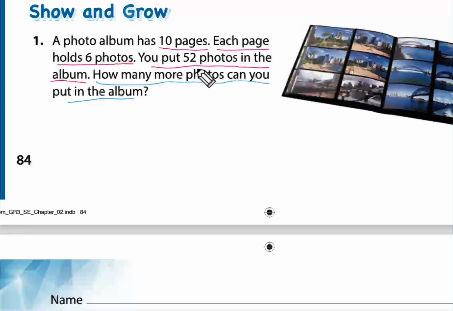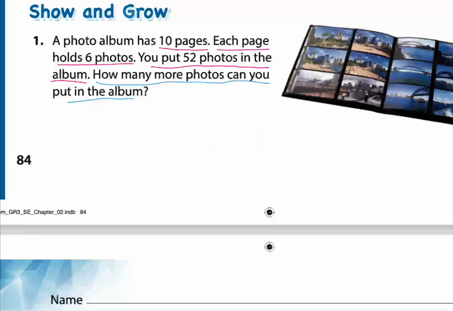What is the second step? You put already 52 photos. How can we find how many more photos you can put? Add or subtract? Of course we subtract 52. So now we have the plan. Let's go ahead and do it.